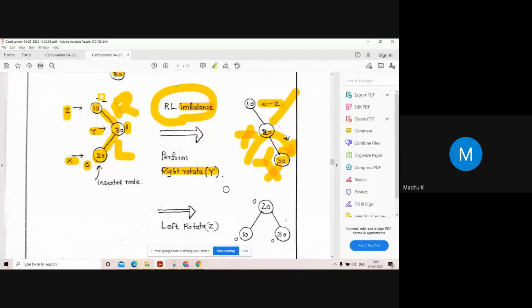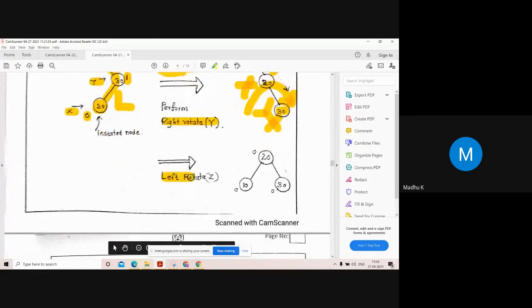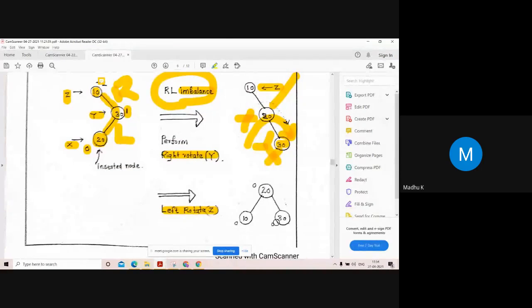After performing this, we again perform a rotation: left rotate z. So what is left rotation? This is the result of left rotation. We rotated this in this direction, so 20 comes here and 30 here.